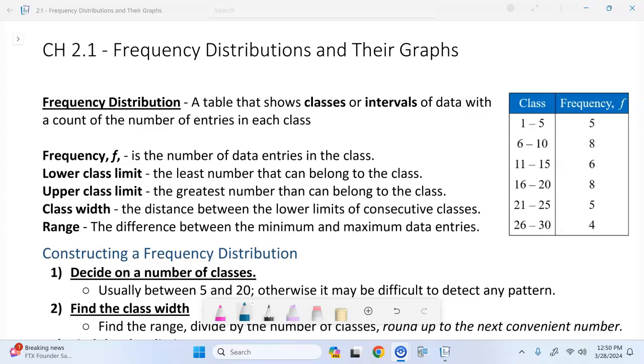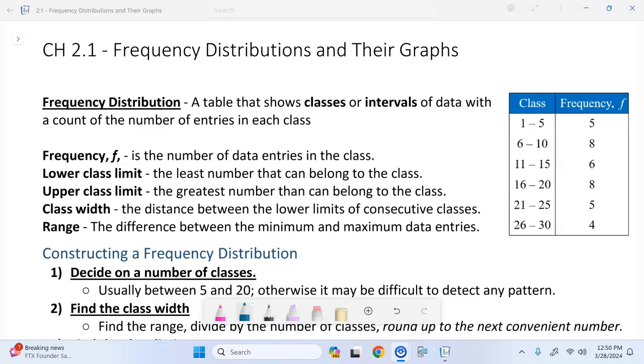How we get our classes, we have a lower boundary and an upper boundary called the class limits. Lower class limit is the smallest number that can be in that class. Upper class limit is the largest number that can be in that class. When we find the difference between lower class limits, that gives us the class width.